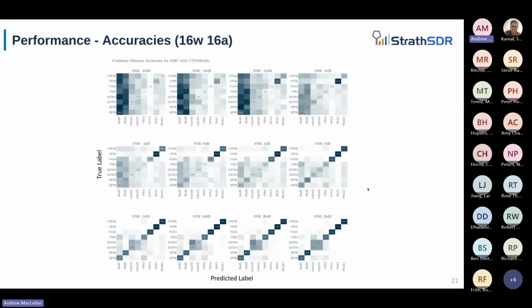In terms of performance, we can see that at low SNRs, as we expect, it doesn't really know what's going on, doesn't know what modulation scheme is what, but we can slowly see that as the noise decreases, it starts to figure out GFSK a little bit better. And once we get up to the maximum signal to noise ratio, we get a better diagonal line, where we can still see that QAM16 and QAM64 are getting a little bit confused, but overall we're getting okay performance.